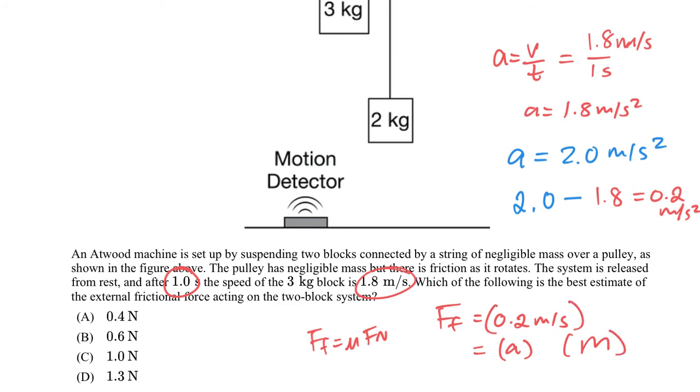If we multiply 0.2 by the mass of the whole system, which is 5 kilograms, we get 1.0 newtons. So again, the acceleration that is lost to friction is 0.2, and then we just multiply it by the mass of the whole system. So the whole system will lose this force due to friction.